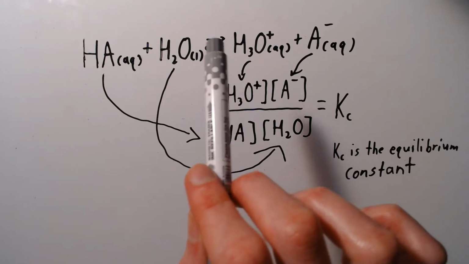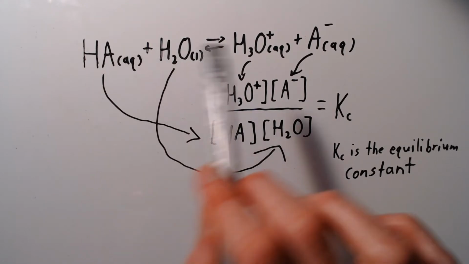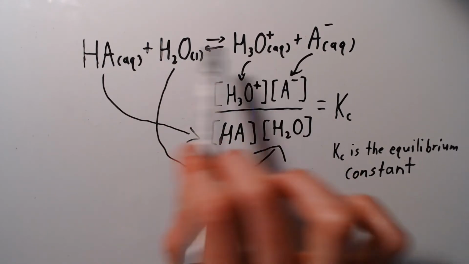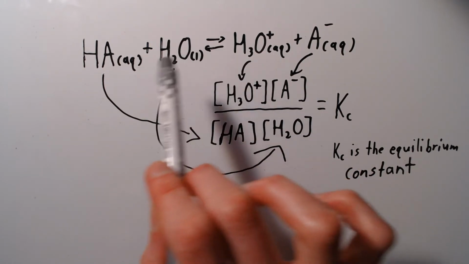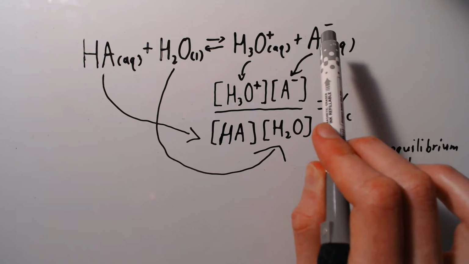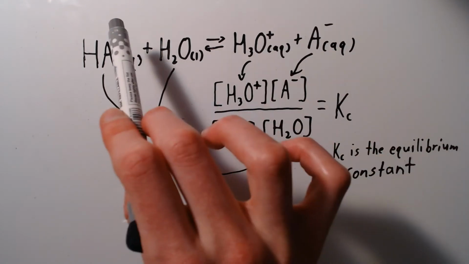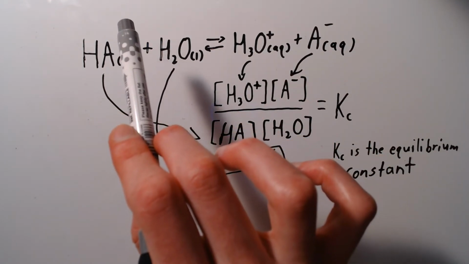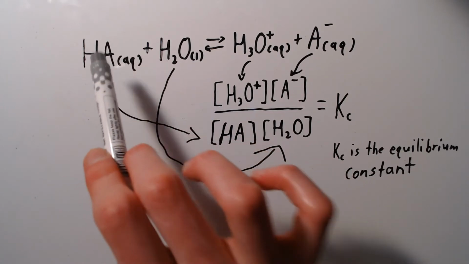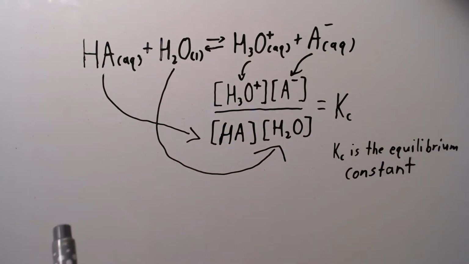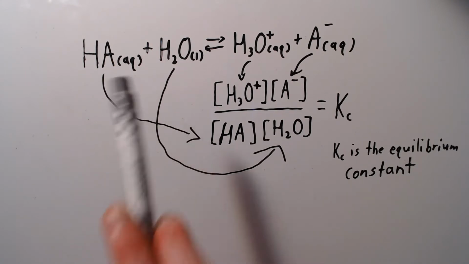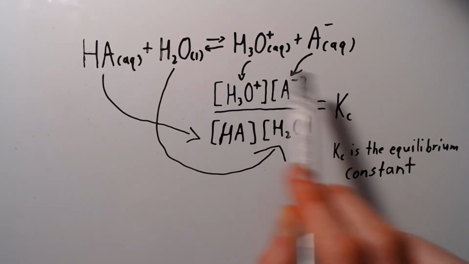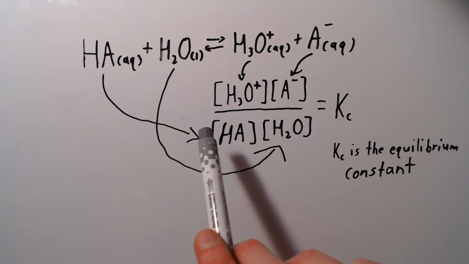And the reaction is complete when an equilibrium is established, meaning that the rate of the forward reaction and the rate of the reverse reaction are equal, and the concentrations of all of these substances remain constant at that equilibrium point. Only then can we use this equation.